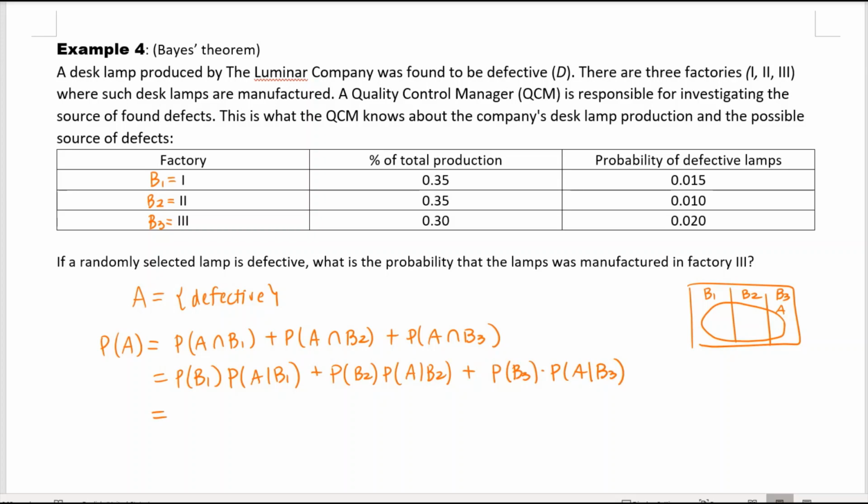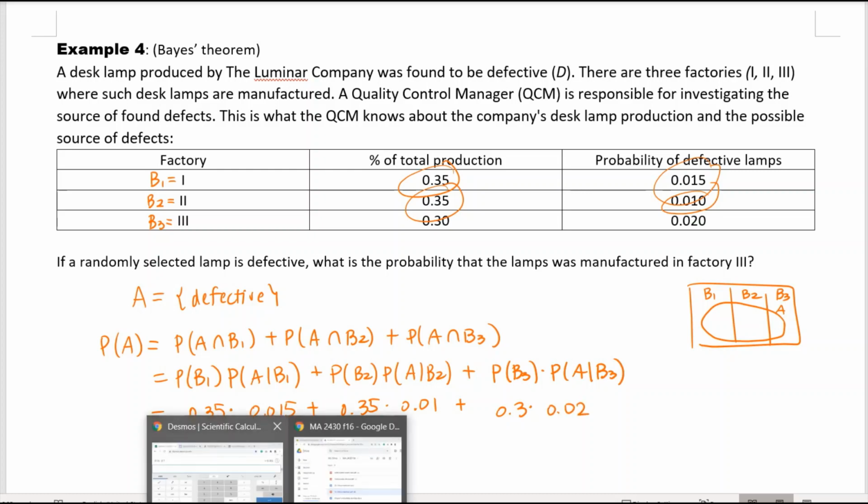P of B1 is 0.35. Probability of defect, 0.015. P of B2, also 0.35. P of A given B2, 0.01. P of B3, 0.3. P of A given B3, 0.02.